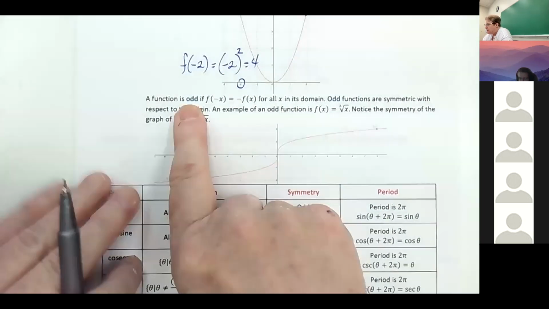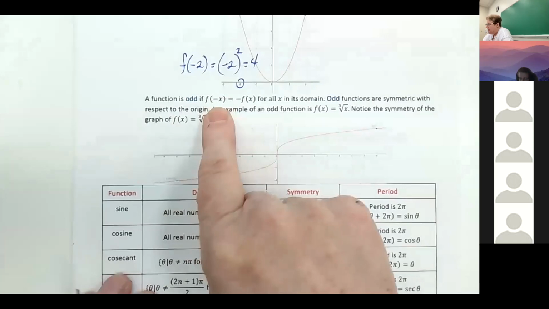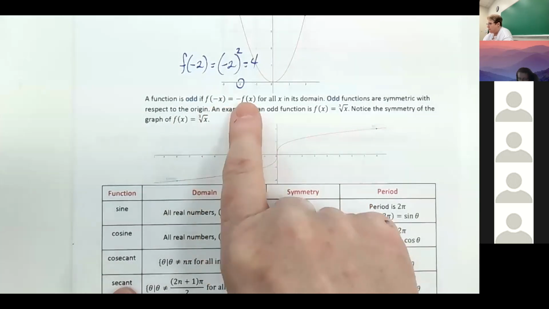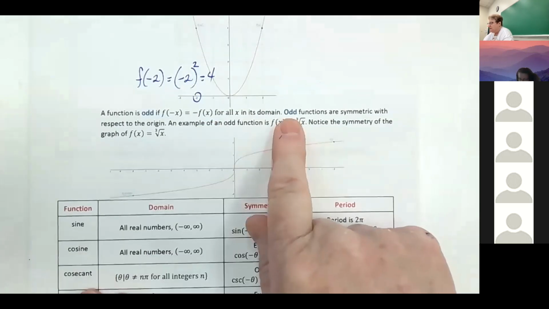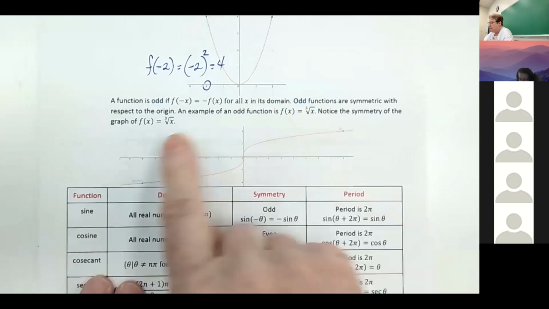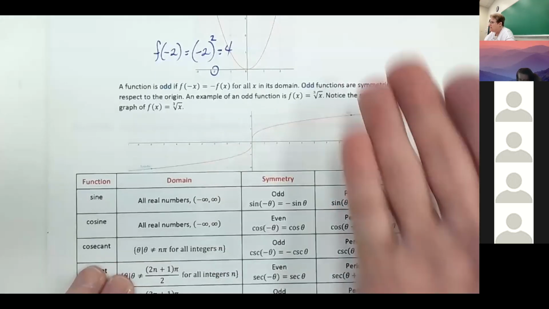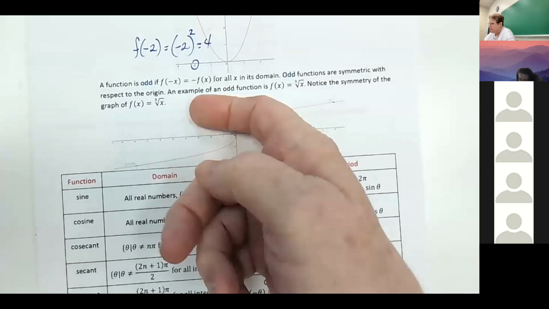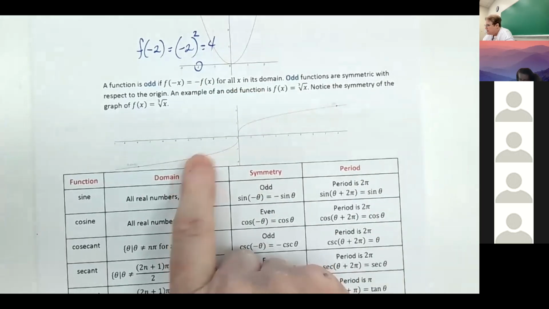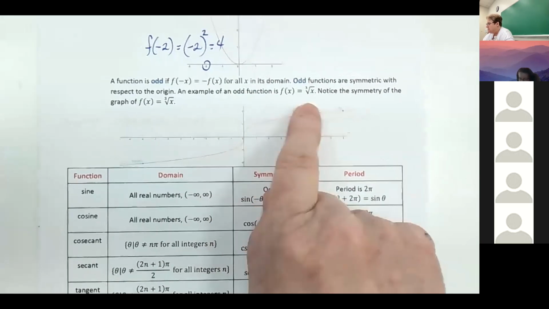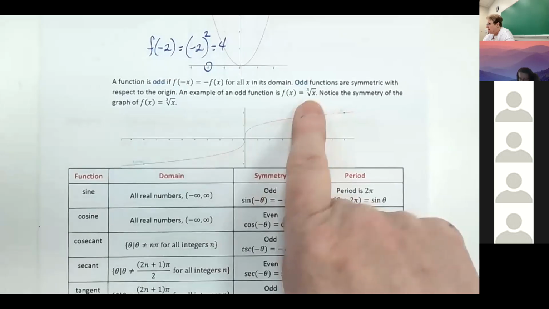Odd means if we plug in a negative, we get a negative. Odd functions are symmetric with respect to the origin, which means I have to reflect twice. I have to reflect the first quadrant into the second and then into the third. Do you see that? This happens to be a graph of the cube root of x.